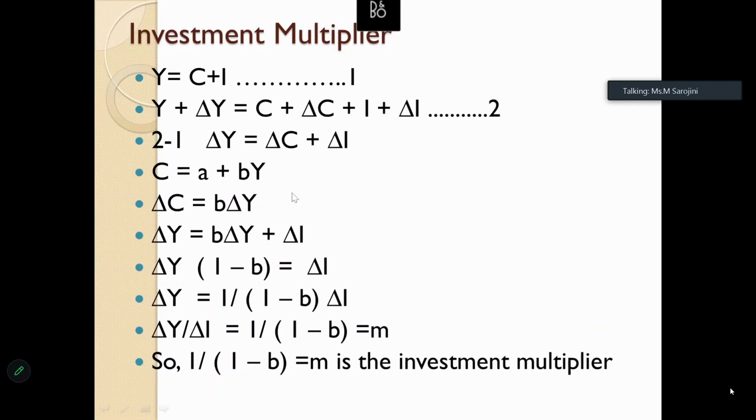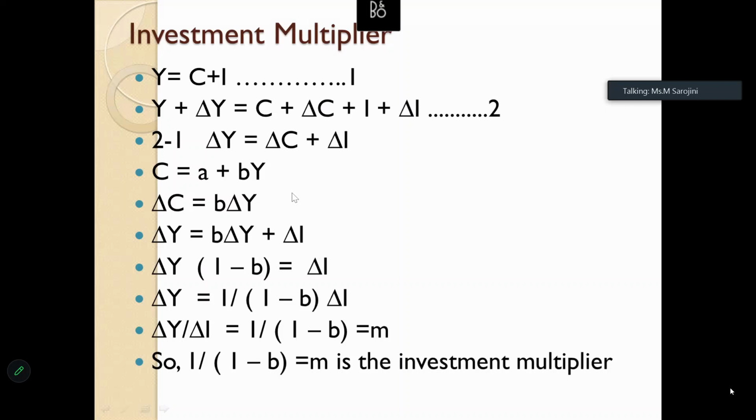Today we calculate the investment multiplier. You can calculate the investment multiplier once you have the information to calculate the national income. The investment multiplier has a common equation, but it varies based on the models.